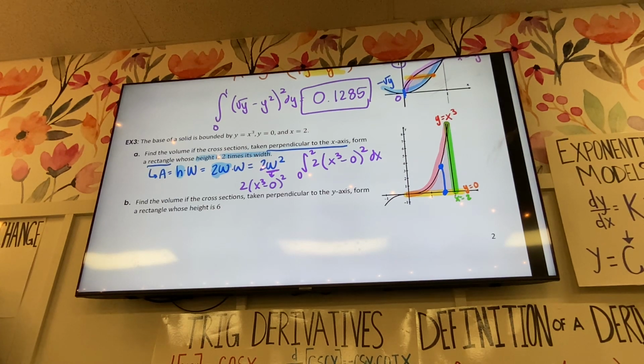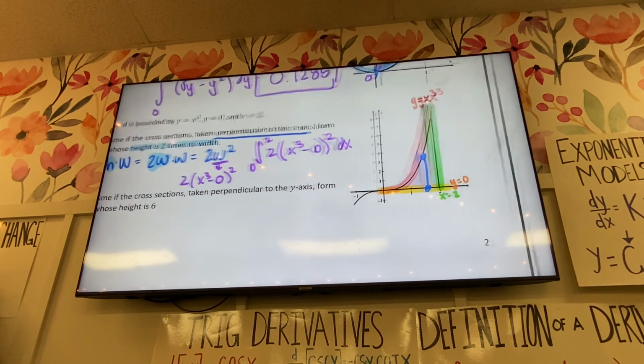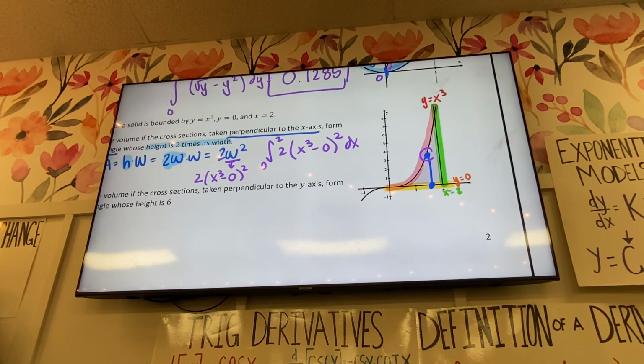Do you really need the minus 0? No. Is that okay where I went from there? Are you confused about this part? The x cubed minus 0? Yeah, because what if the top function, or the top part of my line that I drew, don't worry about the green. That's my bounds, because that's what I'm going from 0 to 2.